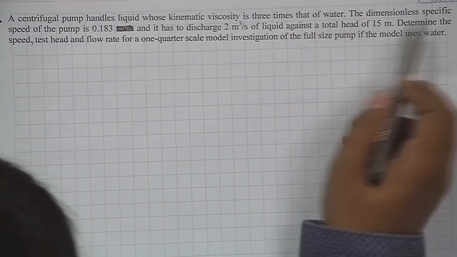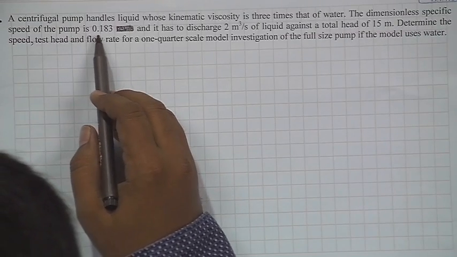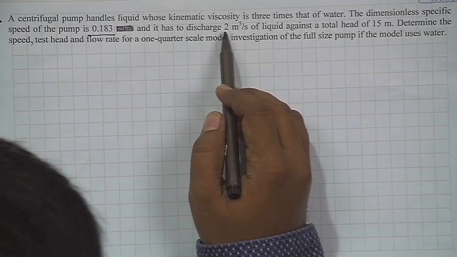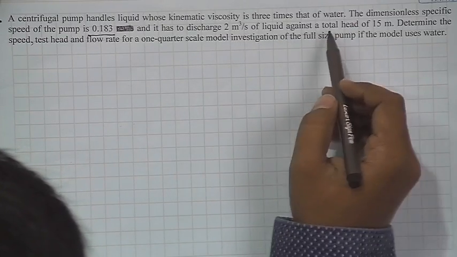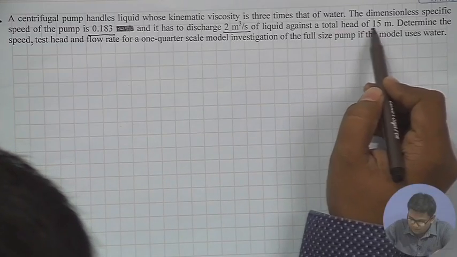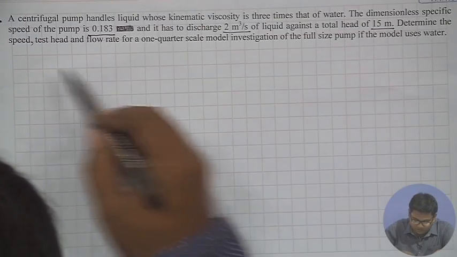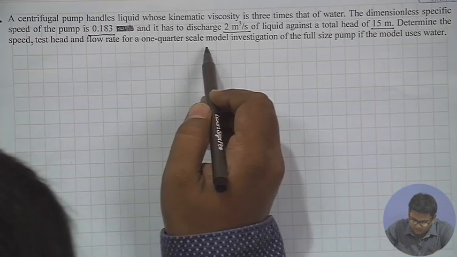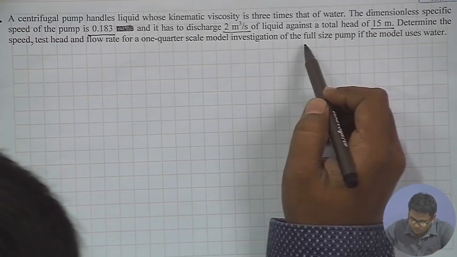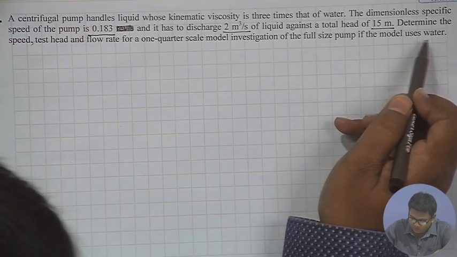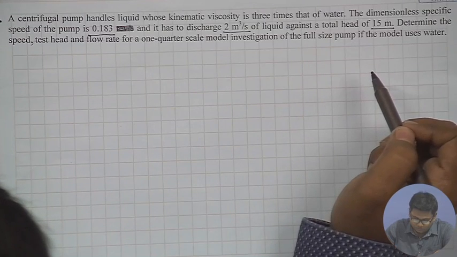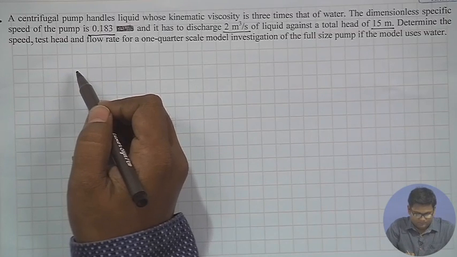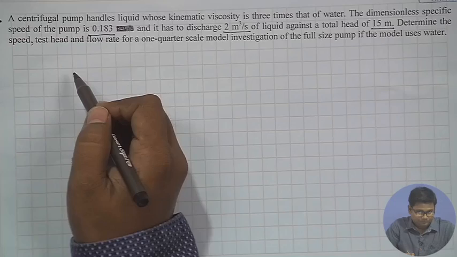The dimensionless specific speed of the pump is 0.183 and it has to discharge at a rate 2 meter cube per second of liquid against a total head of 15 meter. Determine the speed, test head and flow rate for a 1/4 scale model investigation of the full size pump if the model uses water. So, let me just list the important given parameters associated with this problem.